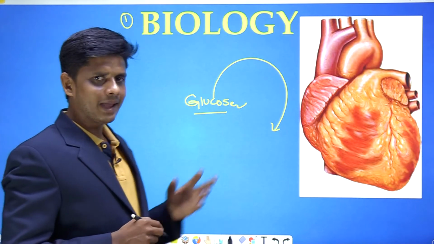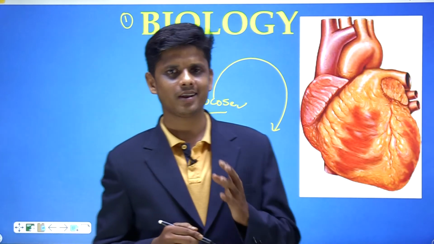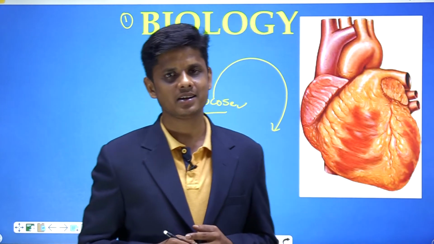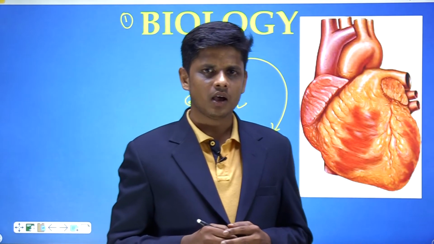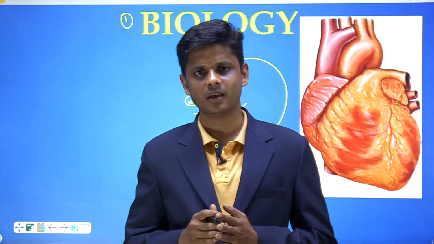And now my question is, how would you circulate the glucose from the small intestine to different parts of the body?